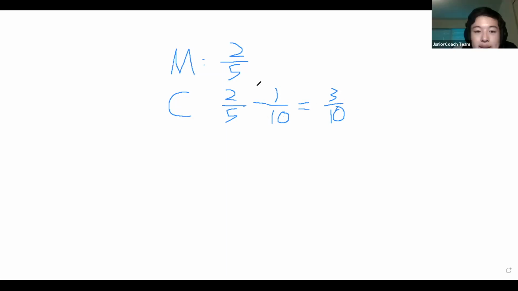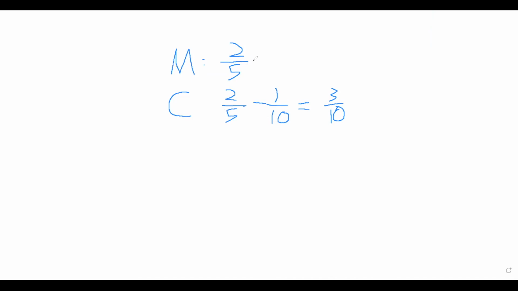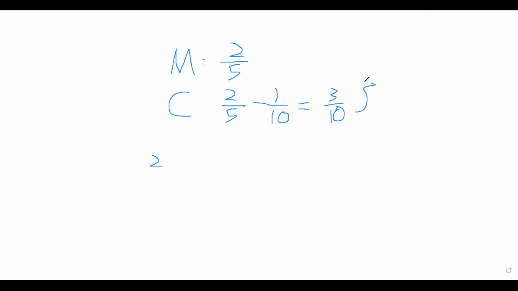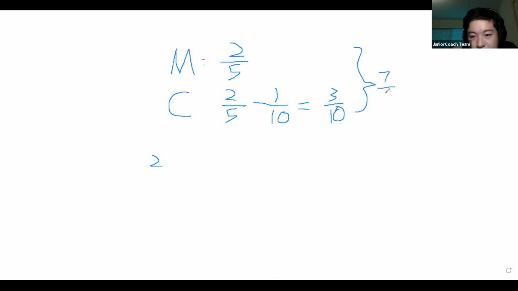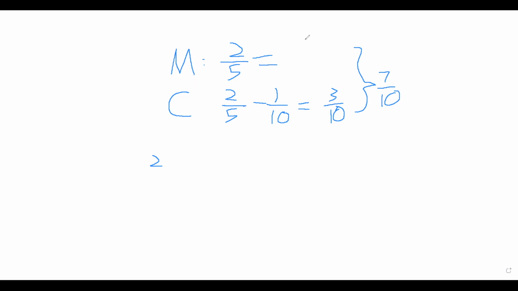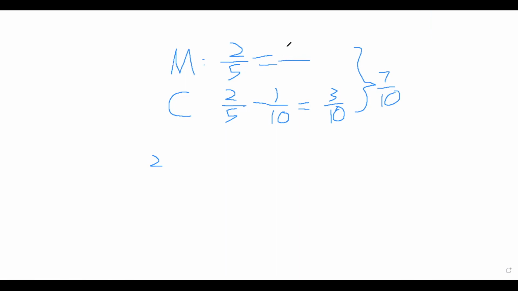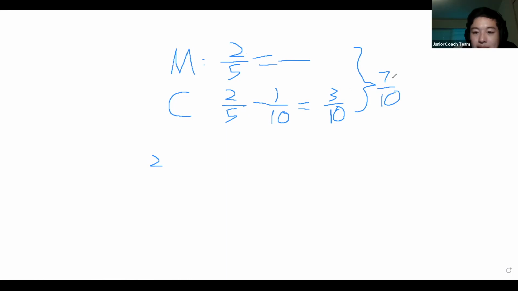Right. Now, how much did they buy together? 3/10. No, like, together, all together. 7/10. Right, 7 tenths. Because once again, what would this fraction be equal to?